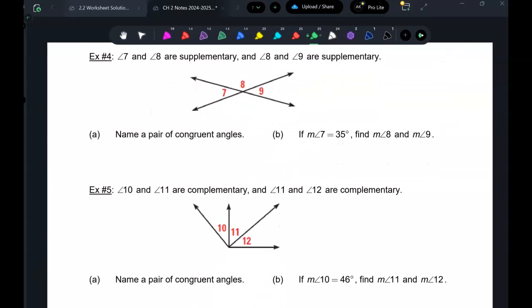Okay. 7 and 8 are supplementary. So we know 7 and 8, based on that picture, have to add up to 180, right? And also 8 and 9 are also 180 degrees.